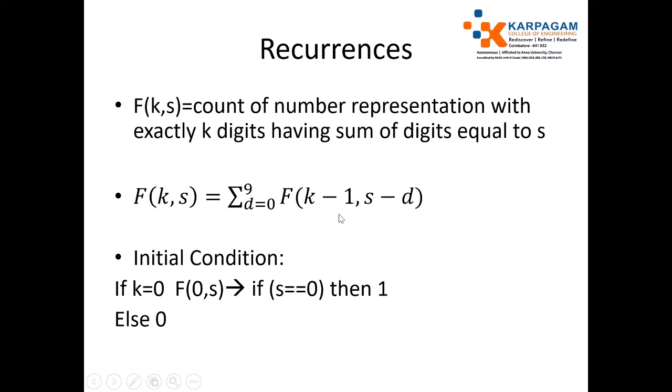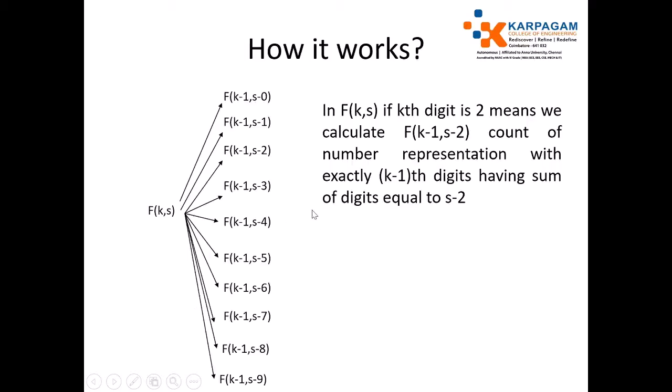We can understand this recurrence by using an example. In f of k comma s, if the kth digit is 2 we calculate f of k minus 1 comma s minus 2.